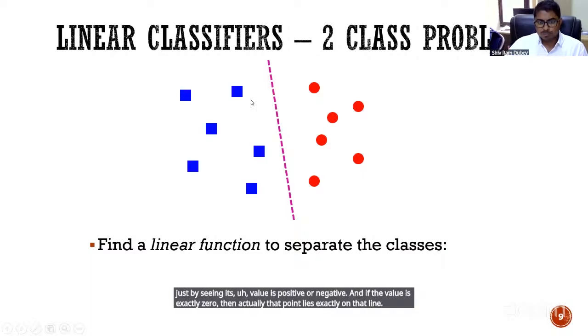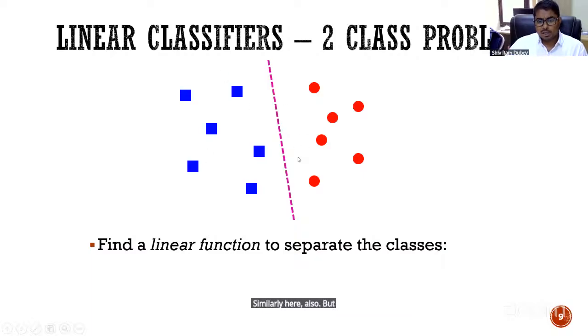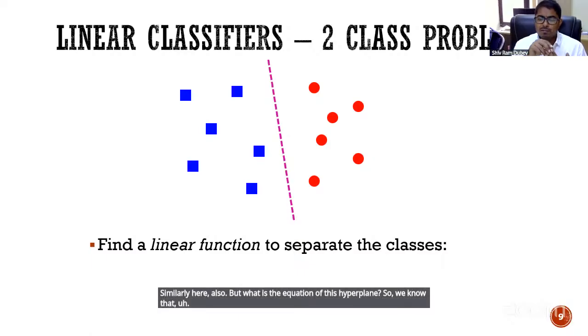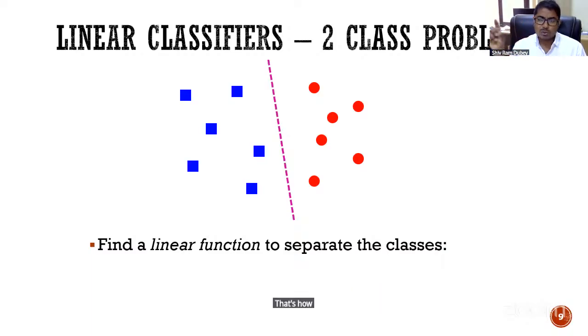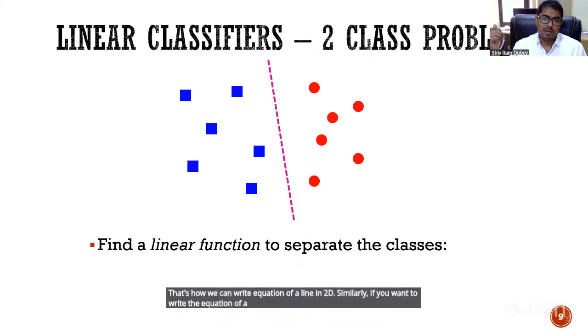Similarly here also. But what is the equation of this hyperplane? We know that the equation of a line can be written as a1x1 + a2x2 + a3 = 0. That's how we write the equation of a line in 2D. Similarly, the equation of a hyperplane in some d-dimensional space can be written as a1x1 + a2x2 + a3x3 + a4x4 + ... + adxd + a(d+1) = 0.